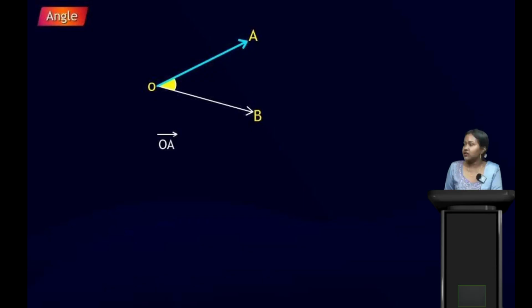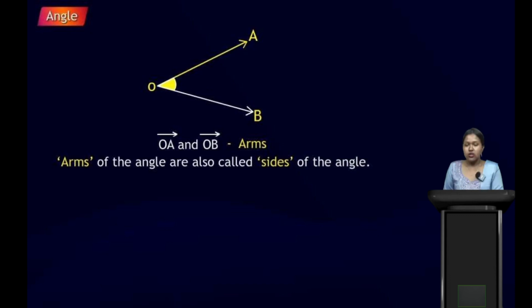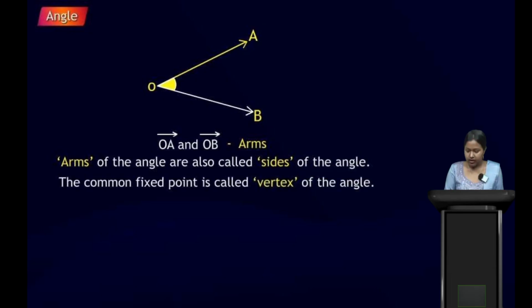Here one is ray OA and another is ray OB, and both are meeting at point O. These rays OA and OB are known as the arms of the angle, and arms of the angle are also called sides of the angle. This meeting point is known as the vertex of the angle. So O is the vertex here.